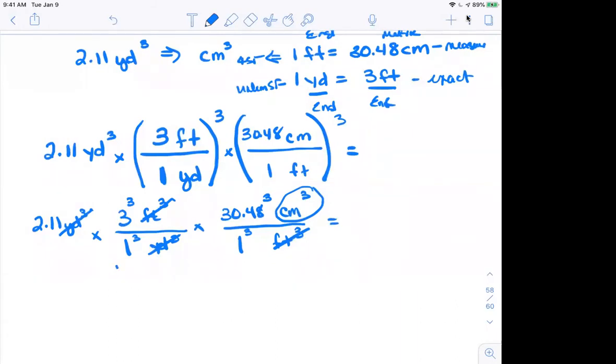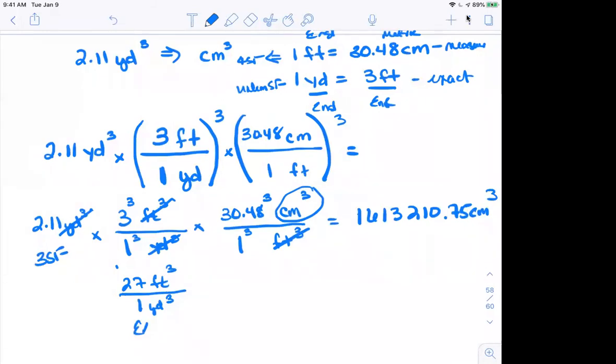So this is going to be 27 feet cubed over 1 yard cubed. So I have 2.11 times 27 and then times 30.48, also raised to the 3rd power. And this is going to give me 1613210.75 centimeters cubed.